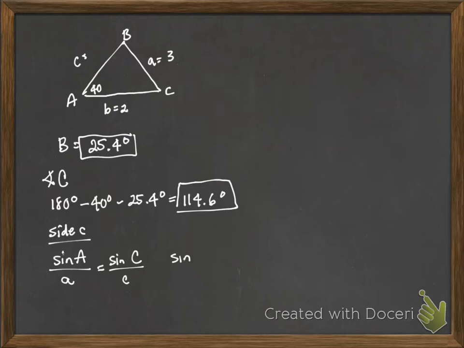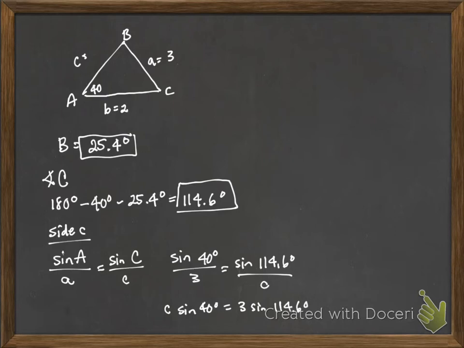We get sine of 40 degrees over 3 equals sine of 114.6 over side C. So I get C times sine of 40 degrees equals 3 times sine of 114.6 degrees. Solving for C, I get 3 times sine of 114.6 degrees over sine of 40 degrees.